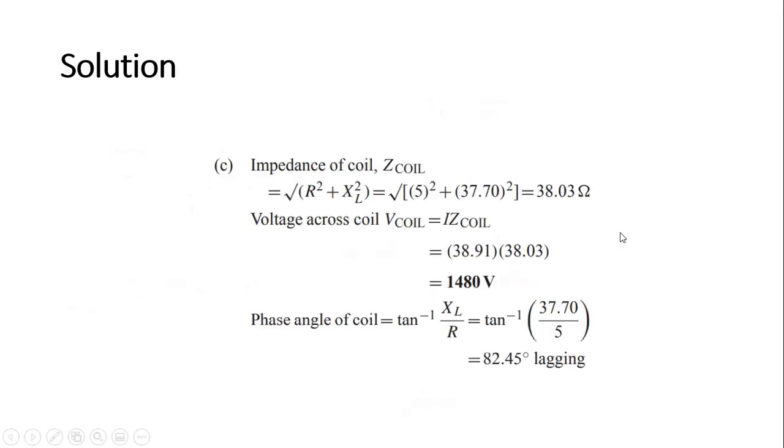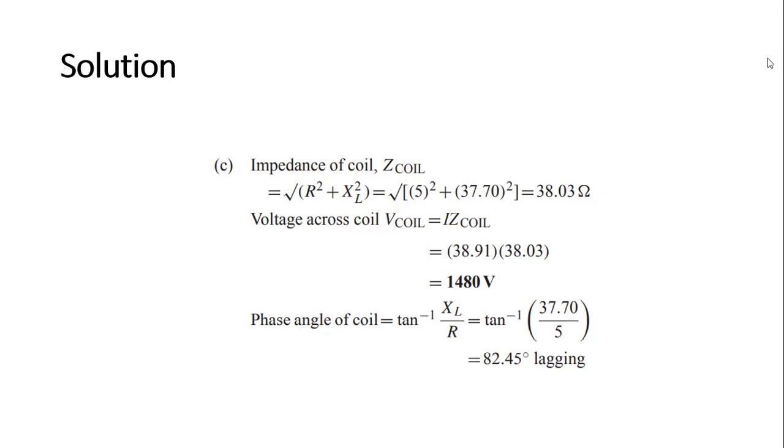Let's go back a bit. So our C says the voltage across the coil. And what is the coil? As we said, the coil is the combination of R and L. From the previous class, you know that if you want to find the voltage across that, we have to know the current, and we have to know the Z of that coil.